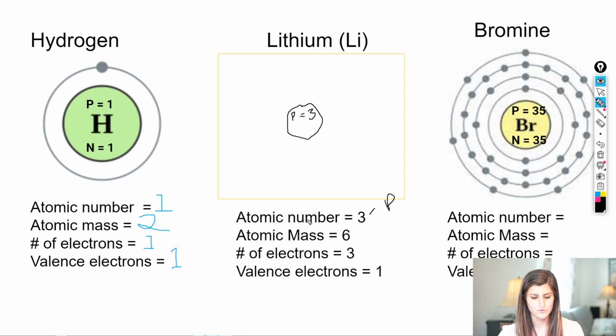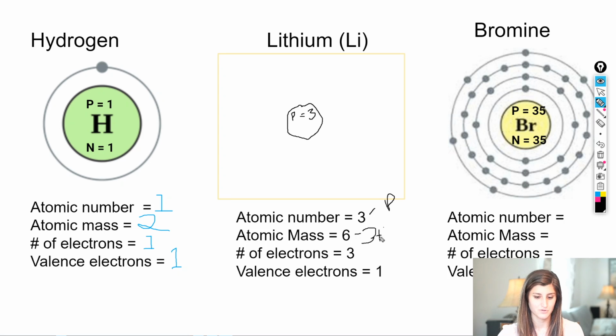Now what about the number of neutrons? Does it say it here? Can we even figure this out? We have to remember that the atomic mass is equal to the number of protons plus neutrons. So if I know that I have atomic number of 3, I have 3 protons, then I can just subtract 3 protons.